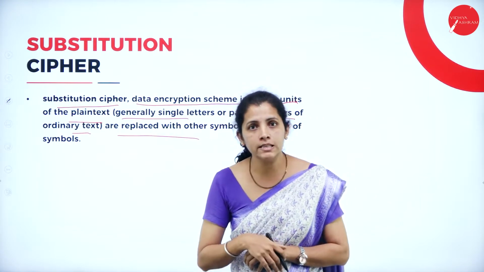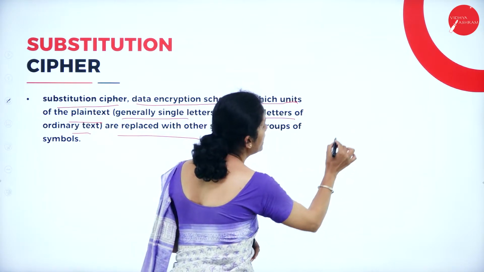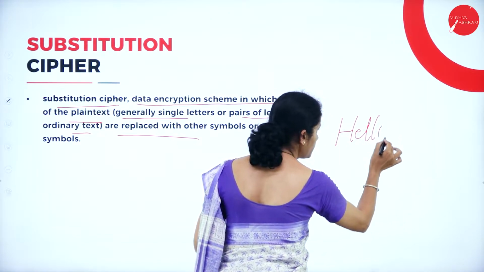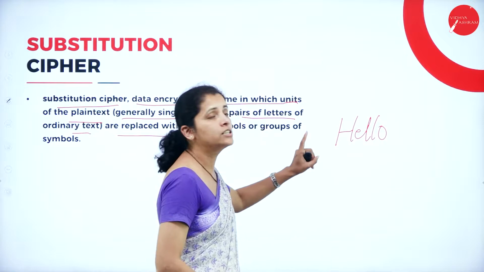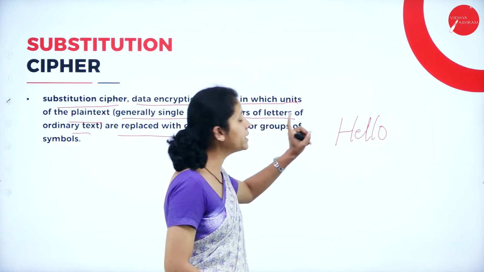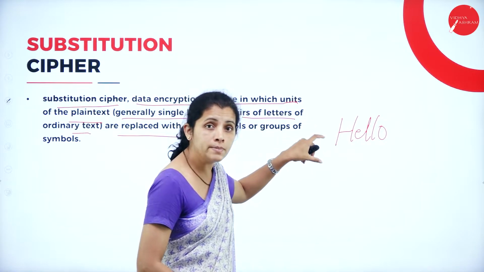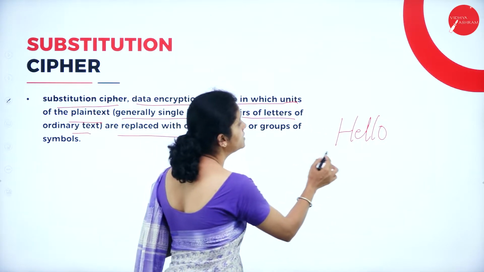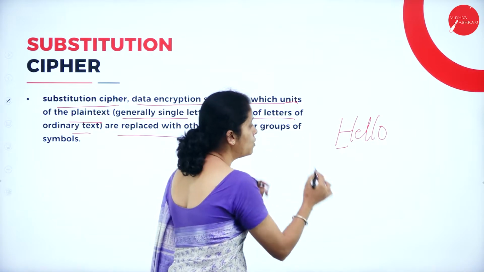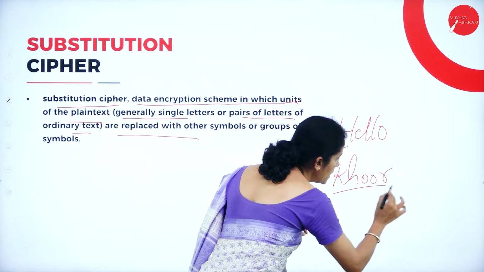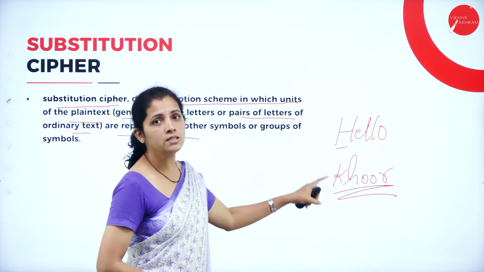Now let me consider an example where the plain text is hello, and for each character or group of characters, I'm going to substitute a letter, a symbol, or a digit. For example, for hello, if I write KHOOR, then this is an example of a substitution cipher.